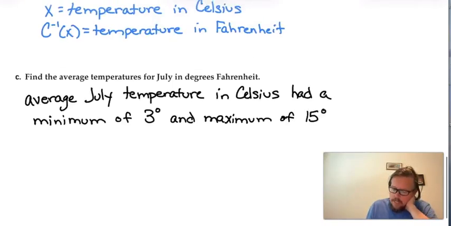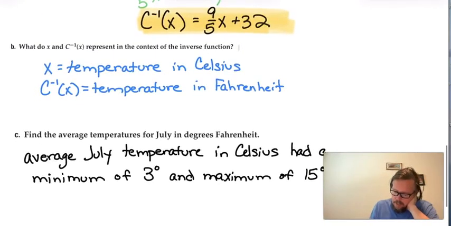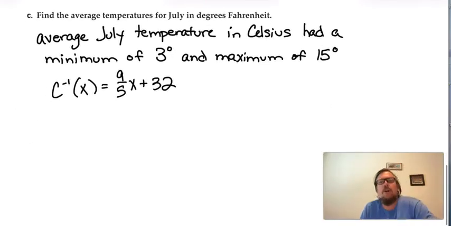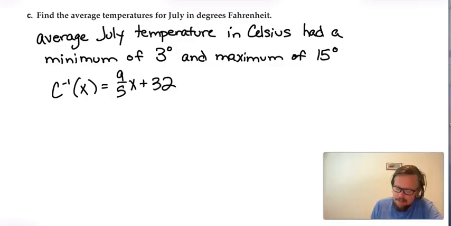So let's take our equation, inverse C of x is 9/5 x plus 32. And we're going to solve this equation twice. Once with 3 substituted for x, and once with 15 substituted for x.